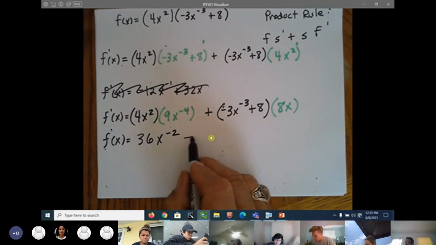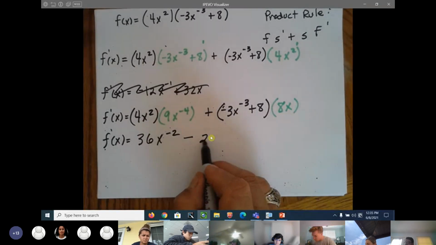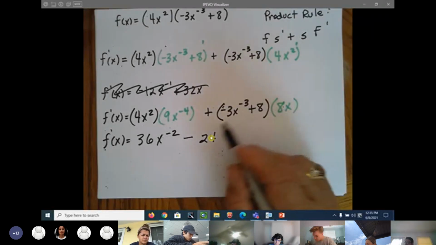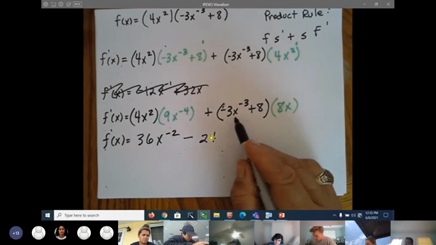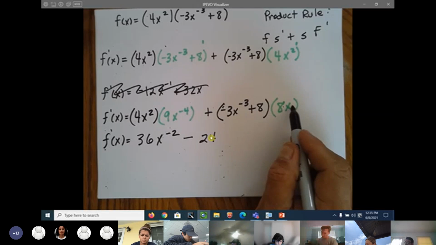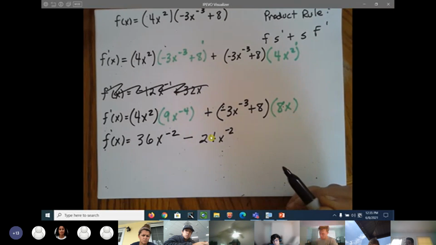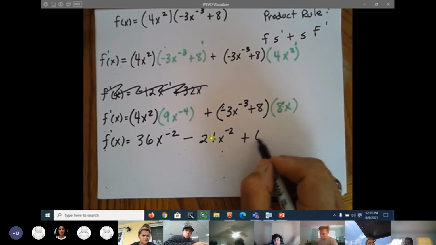Then a minus 24. 8 times 3 is 24. 8 times a negative is negative. And x to the first, negative 3 plus 1 is negative 2. Plus 64x.